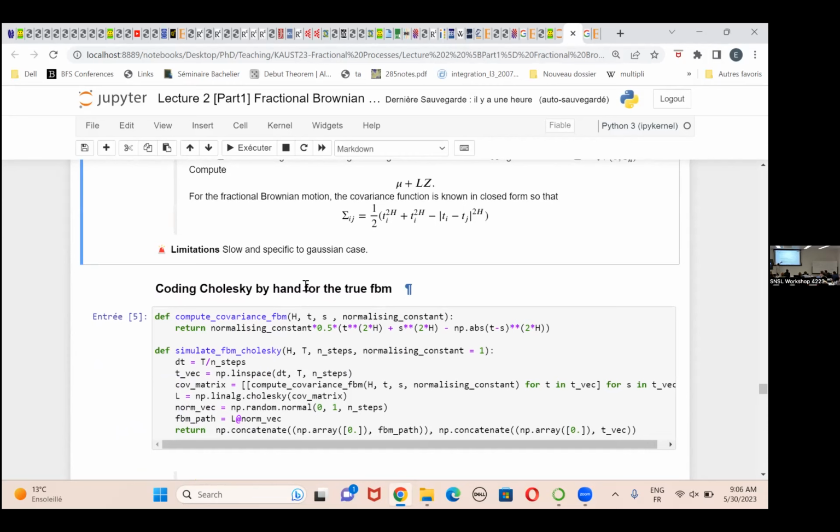Once you have the covariance matrix computed on the grid, you do your Cholesky decomposition, and then simply you do the matrix multiplication of L times Z, where Z is the vector of Gaussian draws, and you get your path.